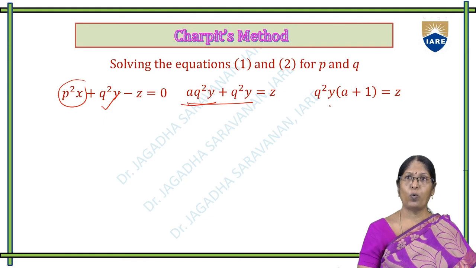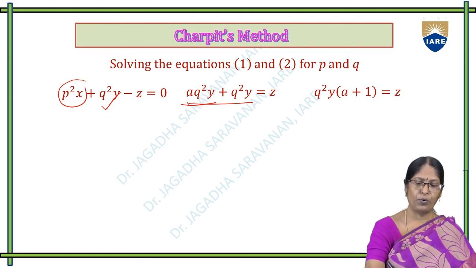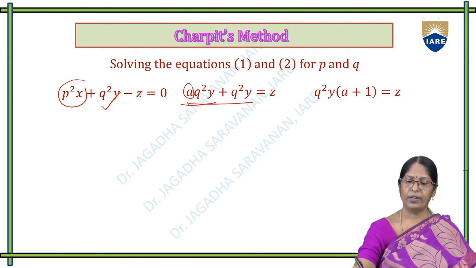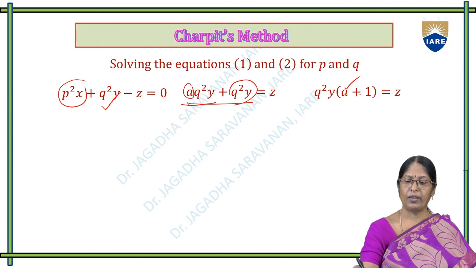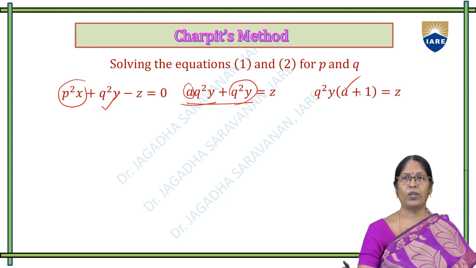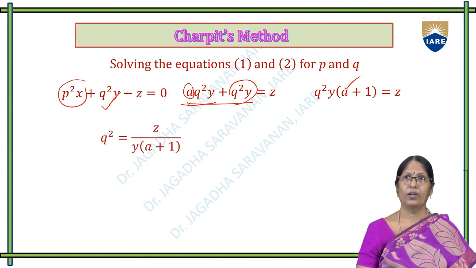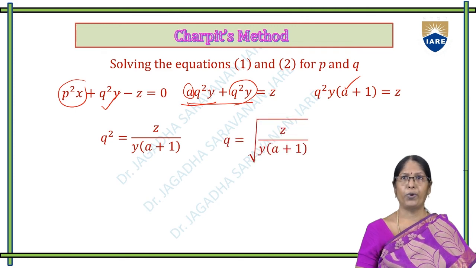So q square y of the leftover is a. It is written here. The second term has completely come out, so the leftover is plus 1 equal to z. So q square equal to z by y of a plus 1, from which we obtained what is q.